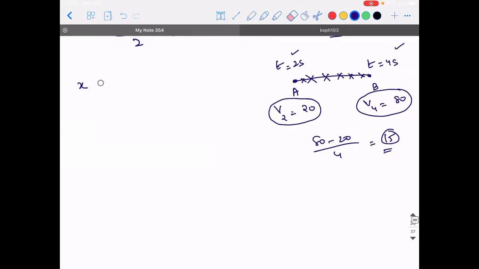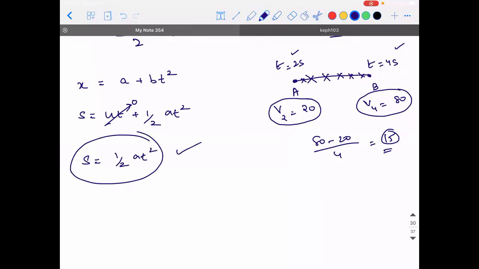X is equal to a plus bt square. s is equal to ut plus half at square, right? Suppose the initial velocity is 0, then s is equal to half at square, which is also an equation of motion of an object under free fall, under constant acceleration.